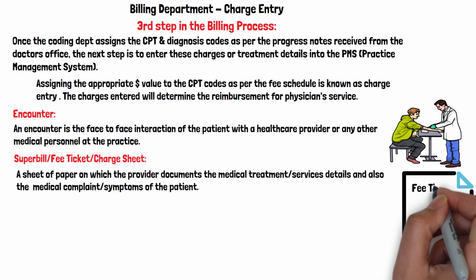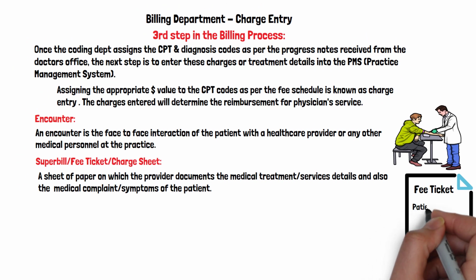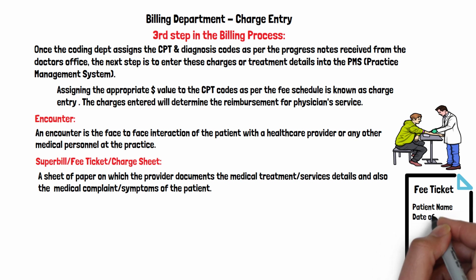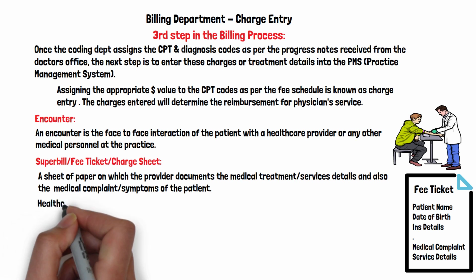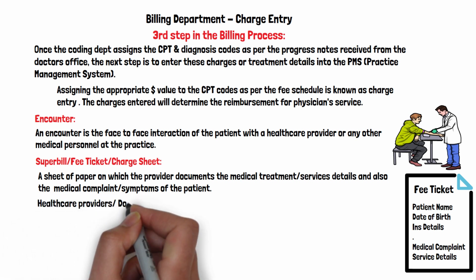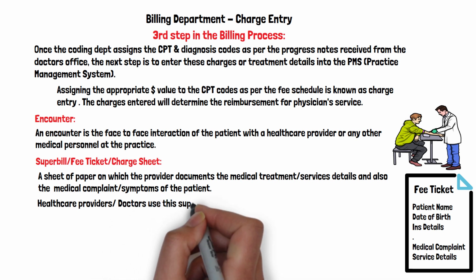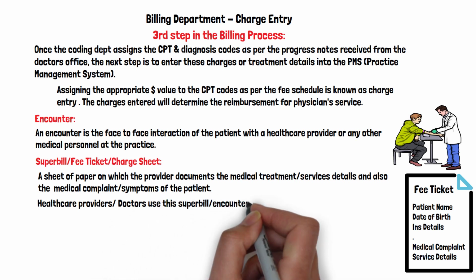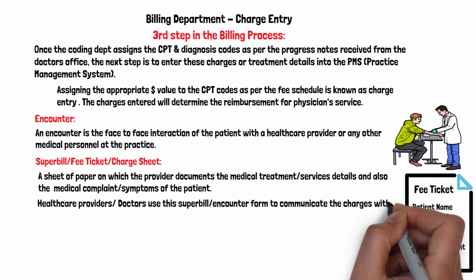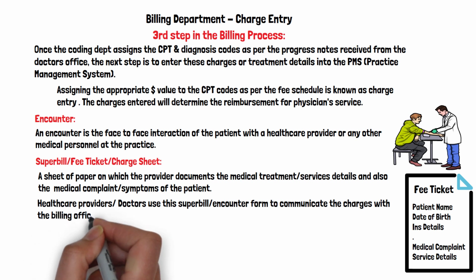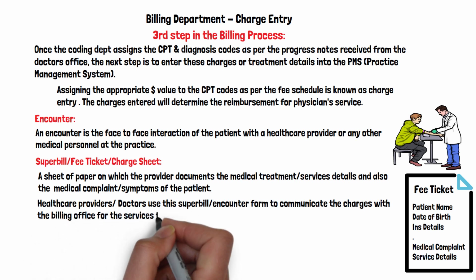Generally, a fee ticket will contain details like the patient's name, date of birth, insurance details, and treatment details like the CPT code and ICD code. Usually, healthcare providers and doctors use this super bill or encounter form to communicate charges with the billing office for the services they provided to the patients.